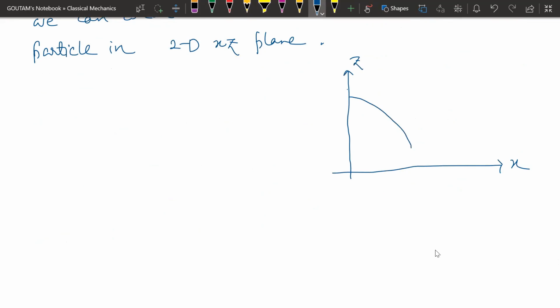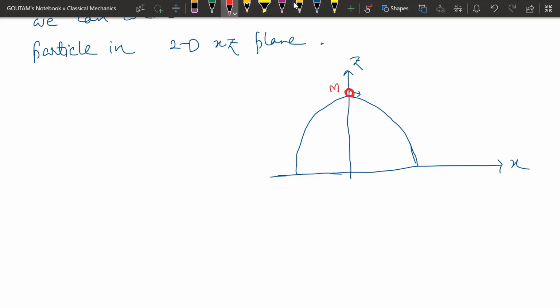So this is our hemisphere. It should be symmetric, and let's say this is our particle of mass m, and it is given a small displacement along this axis.